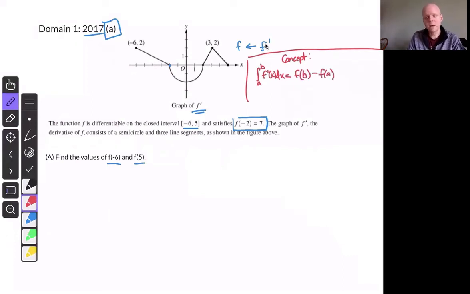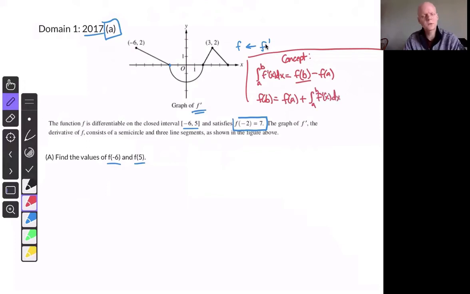In that respect, if you wanted to actually calculate what f of b was, you could just move f of a over to the other side, and you'd get that f of b equals f of a plus the integral from a to b of f prime of x.